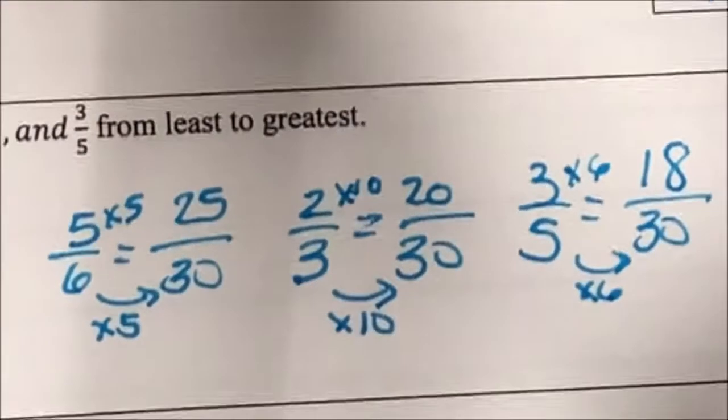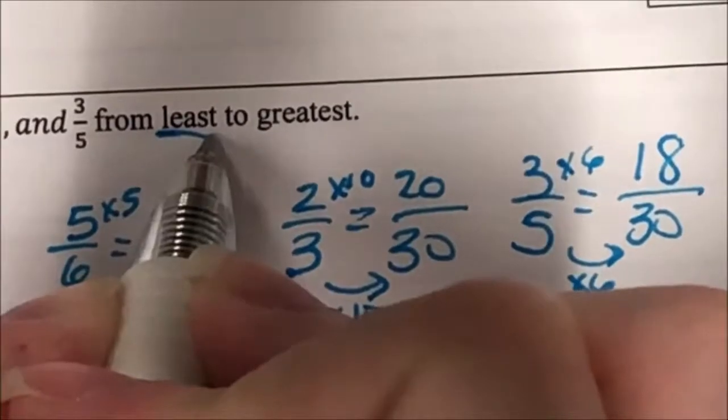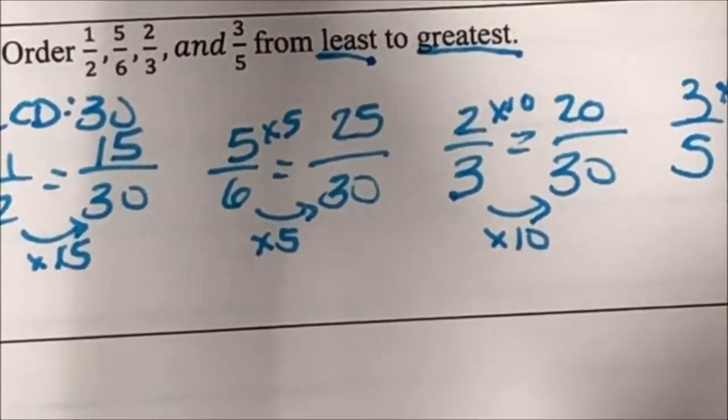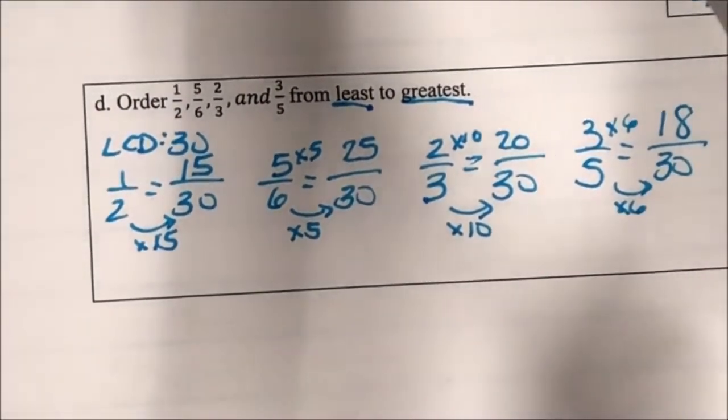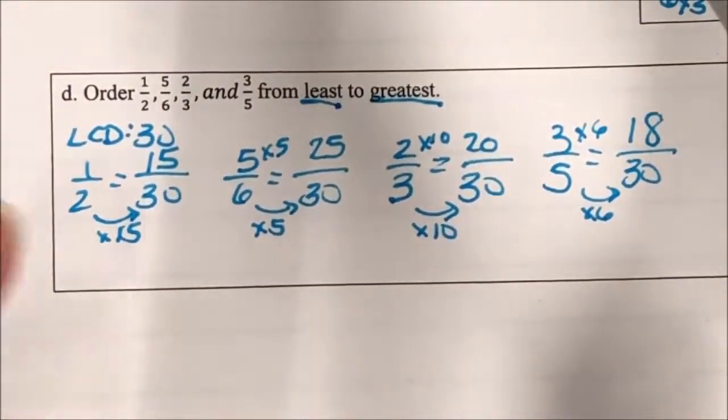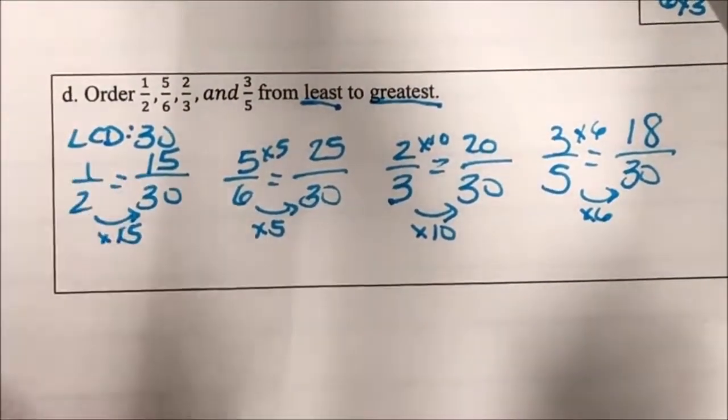Okay, now in the problem it told me from least, which is the smallest, to greatest, which is the biggest. So looking at these, the smallest one out of my numerators is going to be the 15/30.